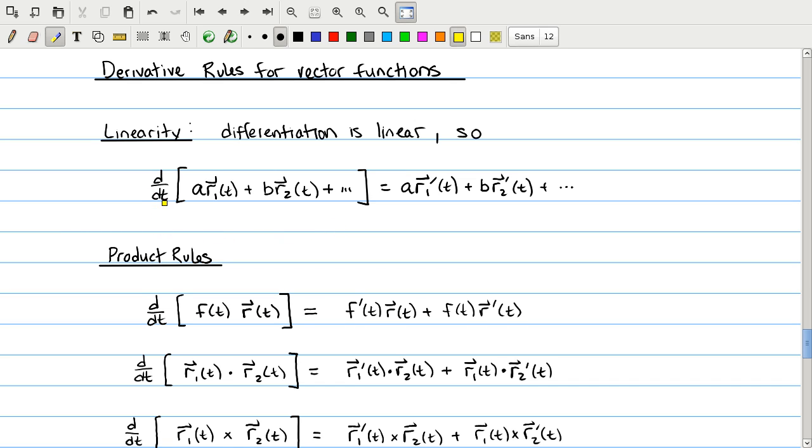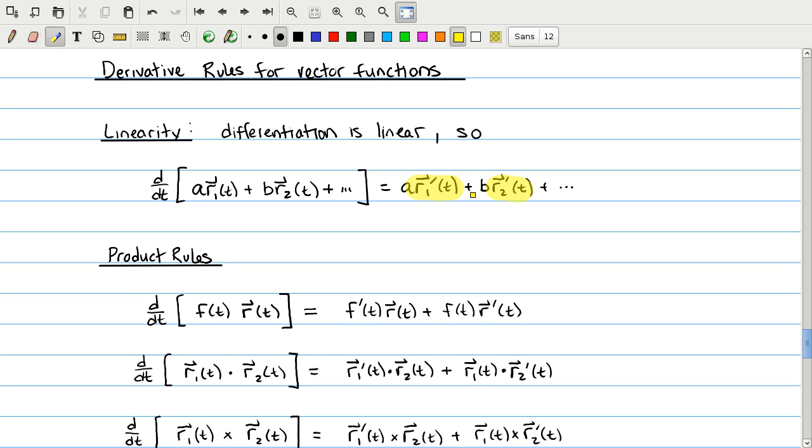First, vector functions are linear, so we can take any linear combination, some constant times r1 plus another constant times r2, as many as we want, and we can bring those additions and scalar multiplications outside the derivative and simply operate on each of the vector functions by itself. So r prime 1 of t, r prime 2 of t, we can just do those one at a time and then put the pieces back together and get the correct result.